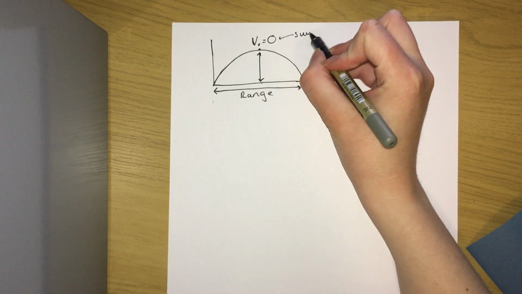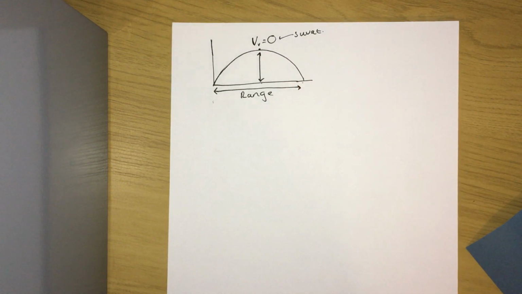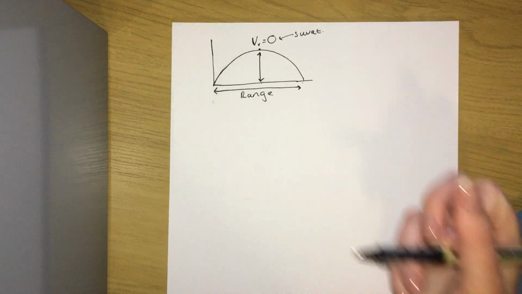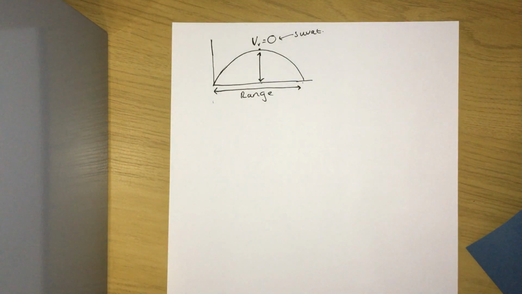Likely to use that kind of thing in the SUVAT formulae. So there's 4 different examples because this section is quite a bit more complex. But hopefully by going through the problems you can see the kind of thing that you'll have to think about when you're approaching these problems.